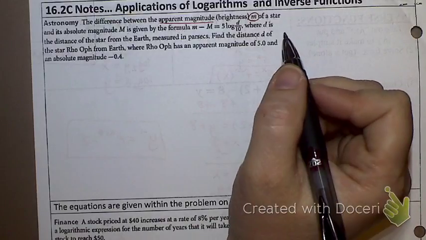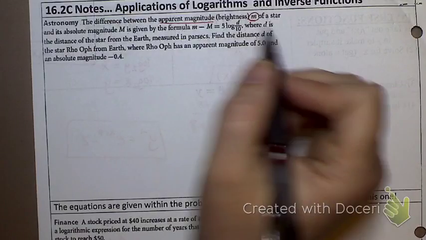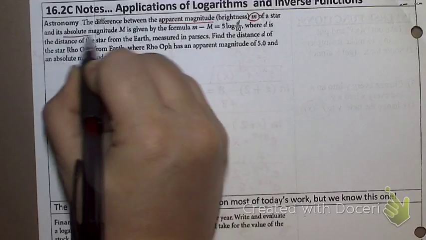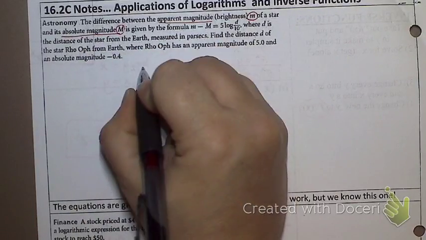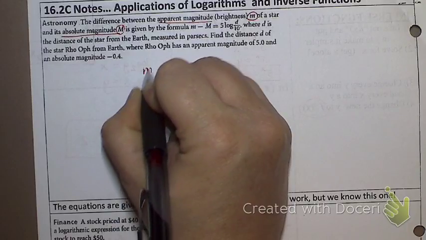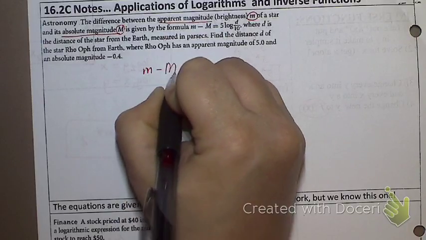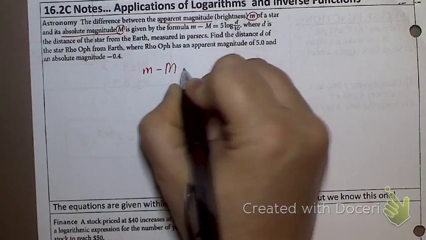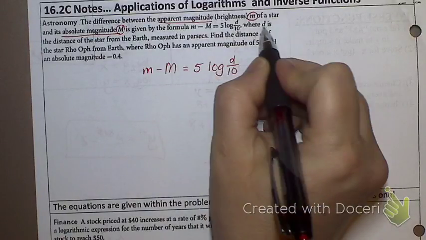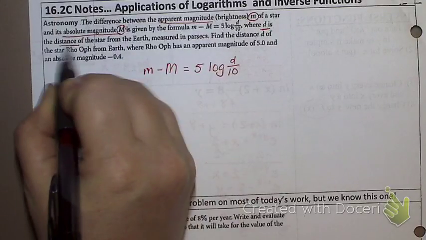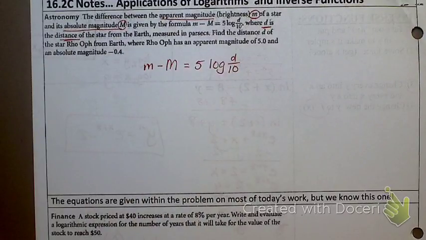So the difference between the apparent magnitude of a star, little m, and its absolute magnitude, big M, is given by this formula: little m minus big M equals 5 log d over 10, where d is the distance of the star from the Earth, measured in parsecs. I don't know what a parsec is. You can Google it if you're really curious.